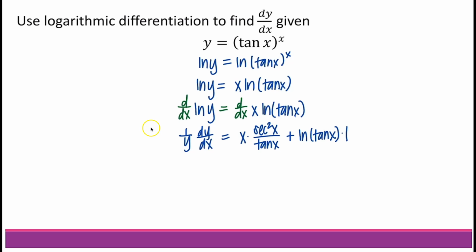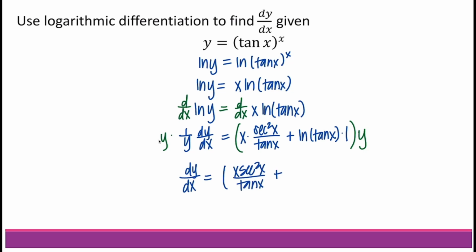Okay, so now I'm going to multiply both sides by y, and I'll be left with dy dx is equal to x secant squared x over tangent x plus natural log of tangent x times y, which was tangent x all raised to the x. And we want to be careful and include parentheses around tangent x because the entire quantity is raised to the x power, not just the x.